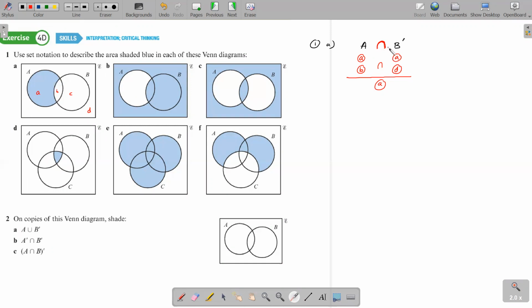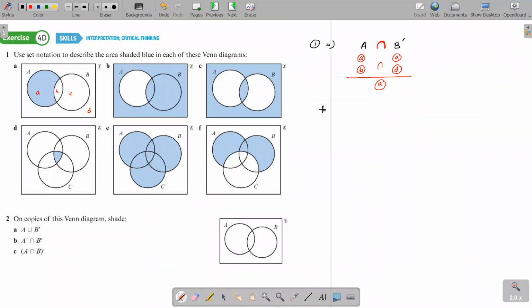We are working with A intersection B complement. So the region common to A and the complement of B. So that's when you get this part. This part is what's common between A and complement of B, because the complement of B is outside, right? So this part is common to A and it's common to the complement of B. Okay, guys? So now we'll try part B.